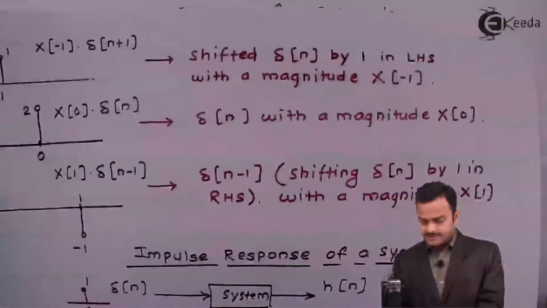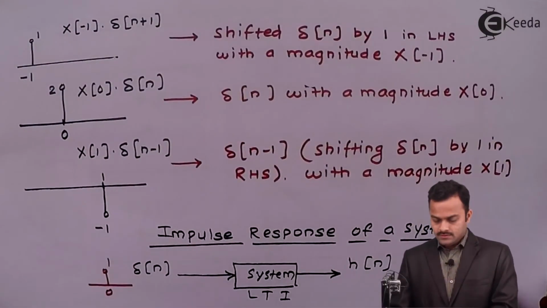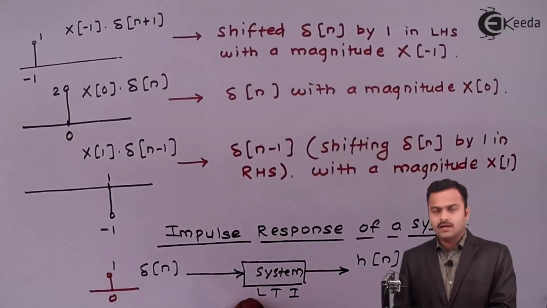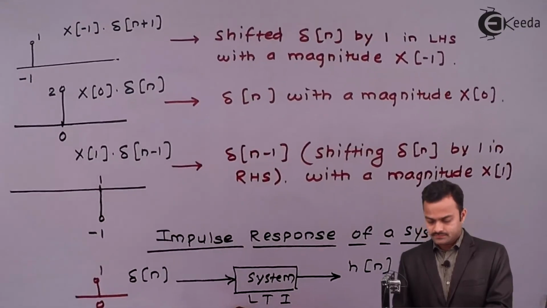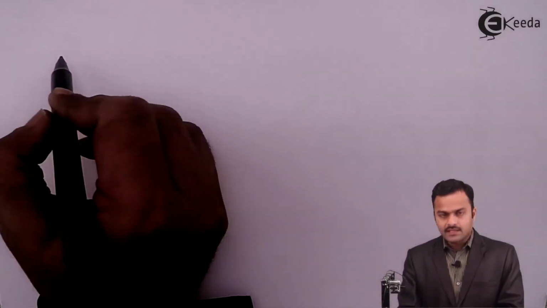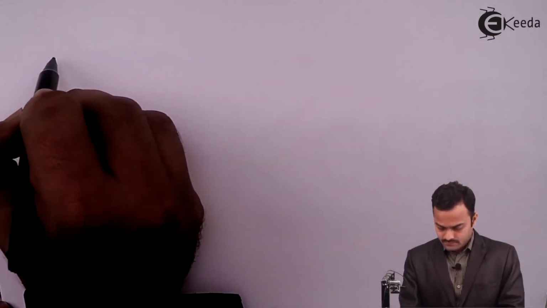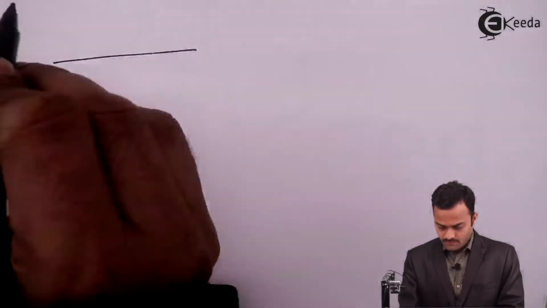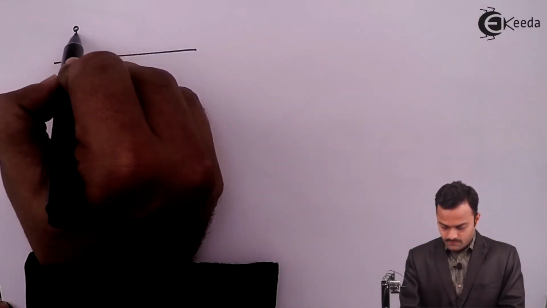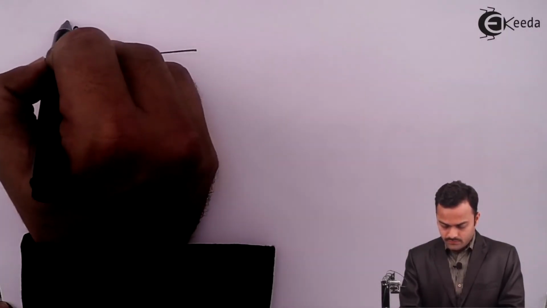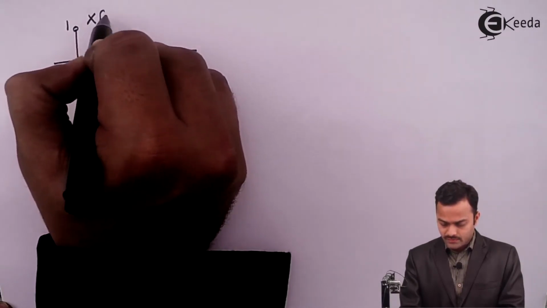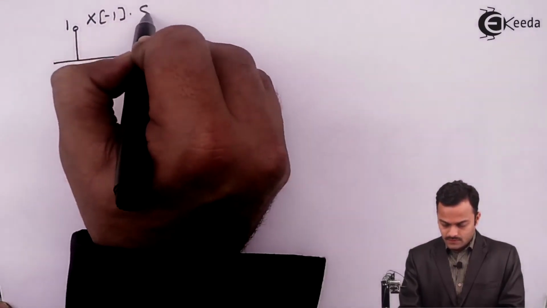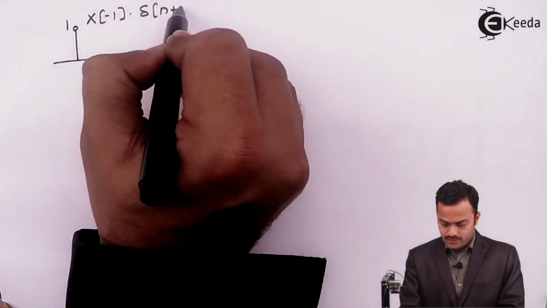which we have taken like this. So we'll find out now one by one how we are getting. So now I will have the signal with a magnitude 1, but basically it is x of -1, and it is advanced by 1 unit.